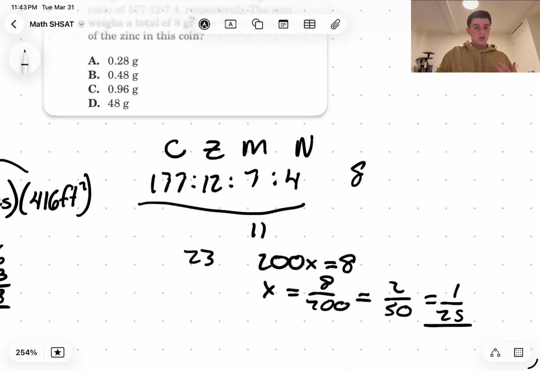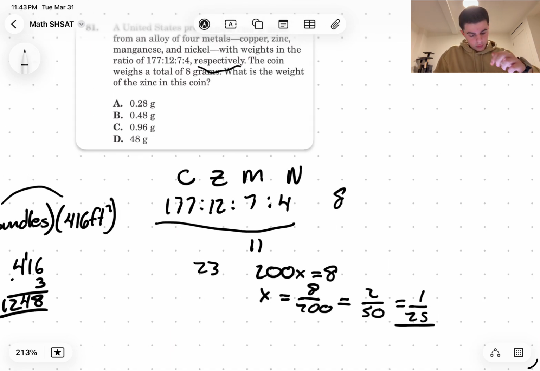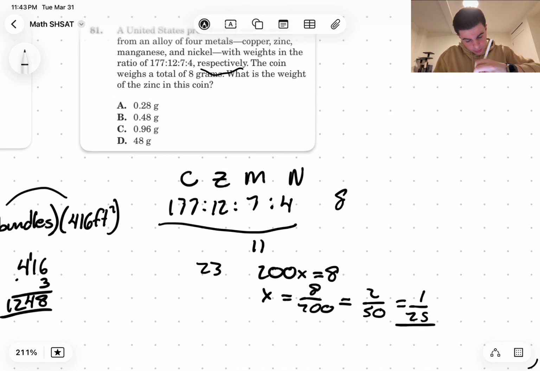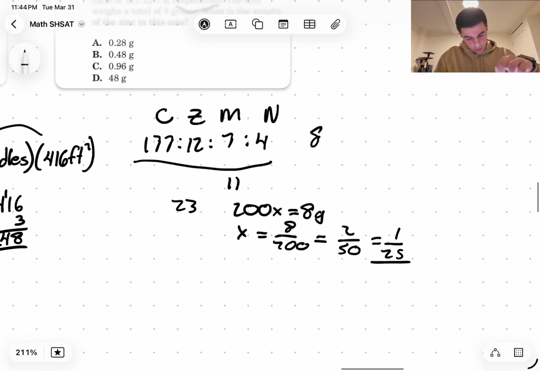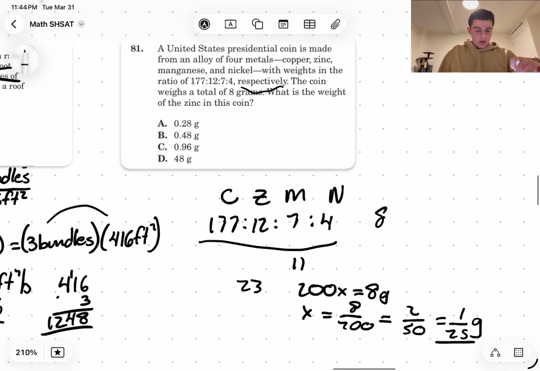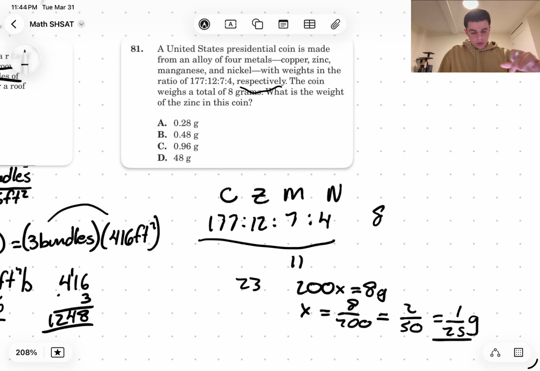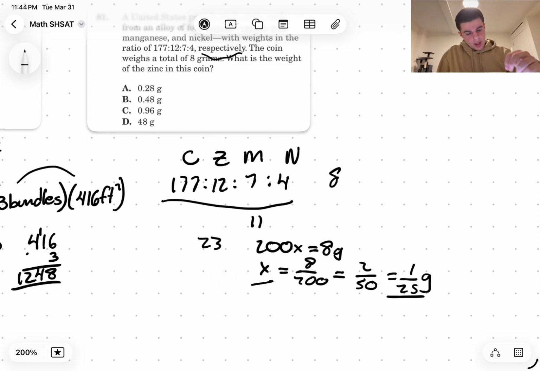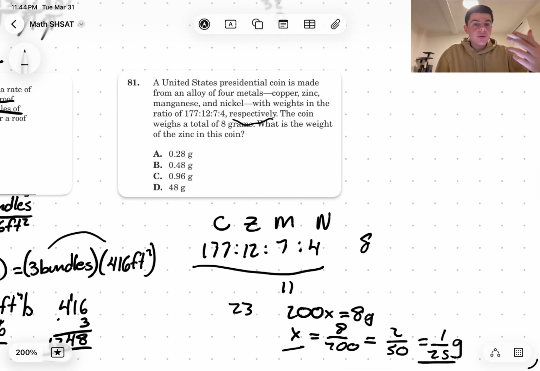So we know that x is 1 over 25. And we can actually write our units in here. We know that the coin weighs a total of 8 grams, so x has to be in grams, right? They're asking us for the weight of zinc in this coin.